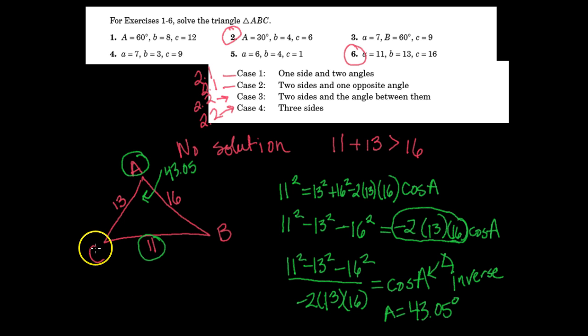So I think I'll just do that again. So this time I'm going to use c, and I'm going to use 16. Now, in the book, they talk about using the law of sines at this point, which you could do. But remember how the law of sines can have, if it's an acute angle, the case can be ambiguous.